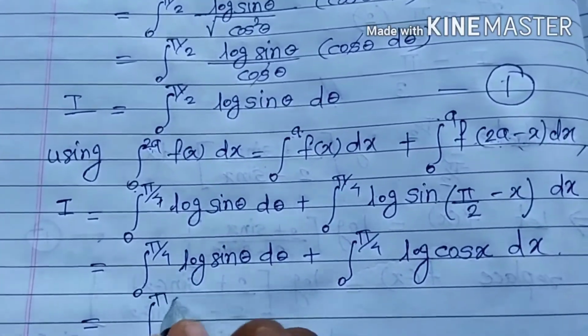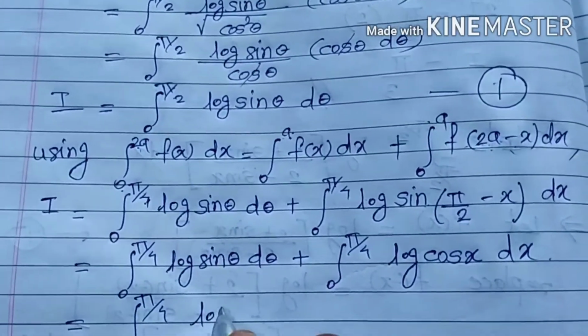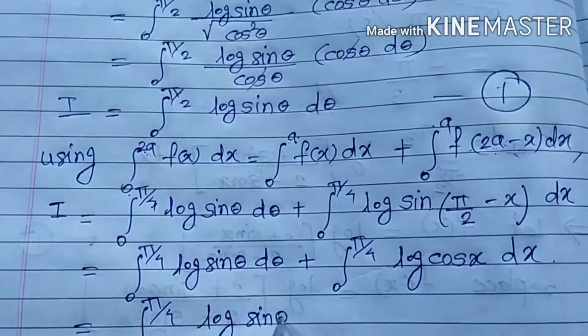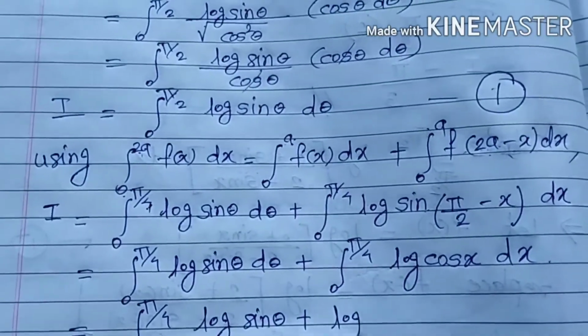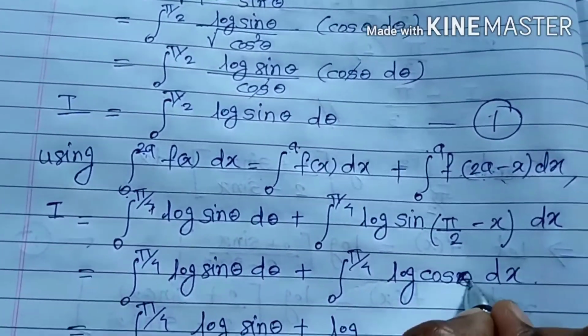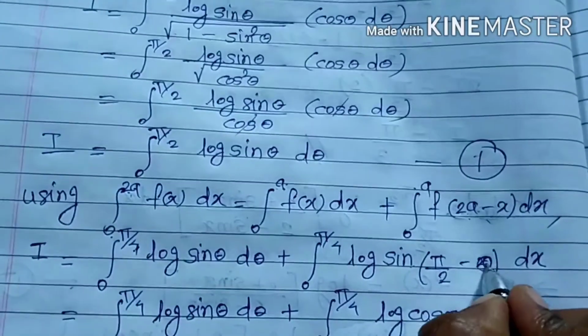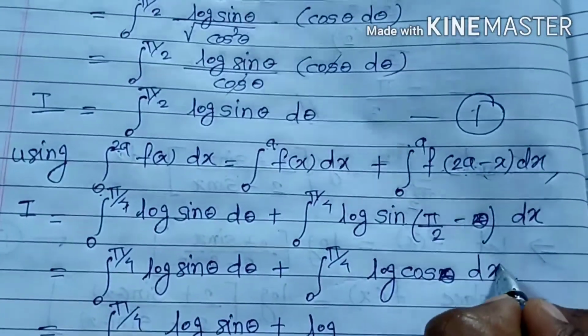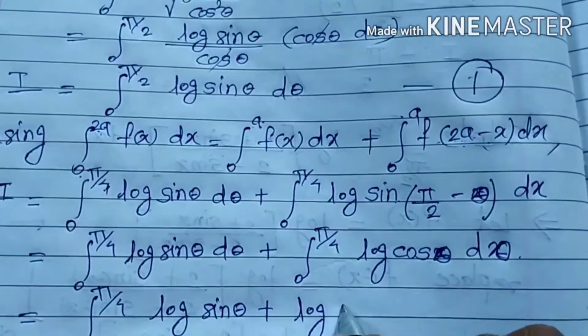Now, integral from 0 to pi by 4 of log sin theta plus log cos theta, d theta. Here is theta, one mistake, and here also d theta.